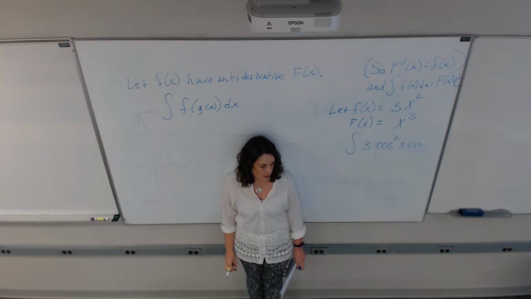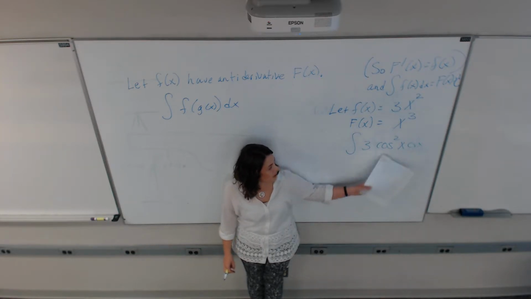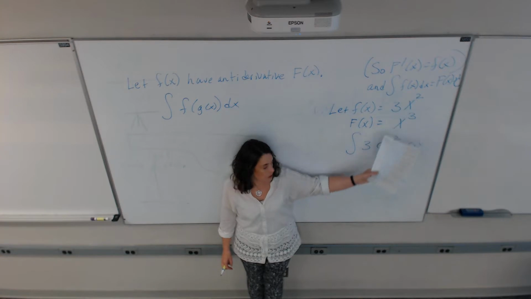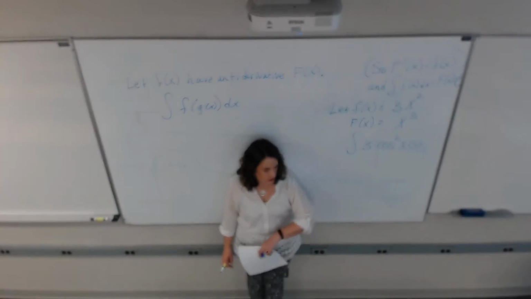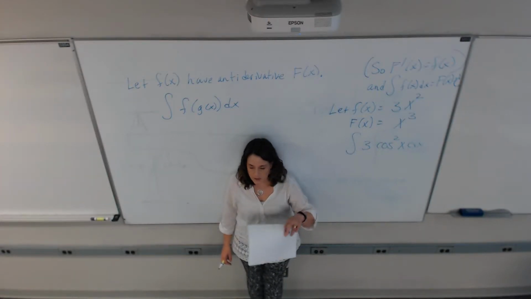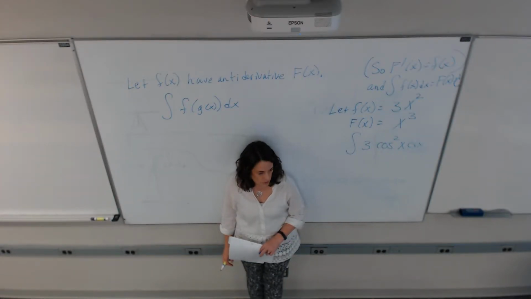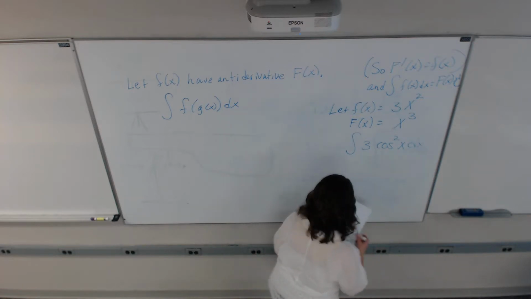This is a problem. The format is still 3x squared, but the thing on the inside is no longer x, it's another function, right? We have a composition of functions, and how do we deal with a composition of functions?